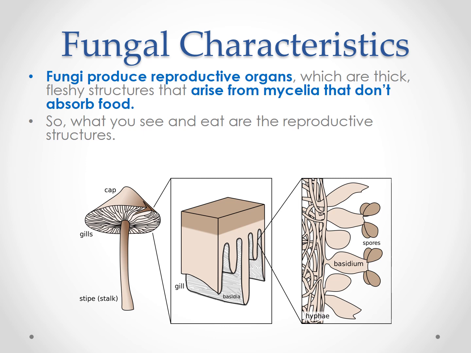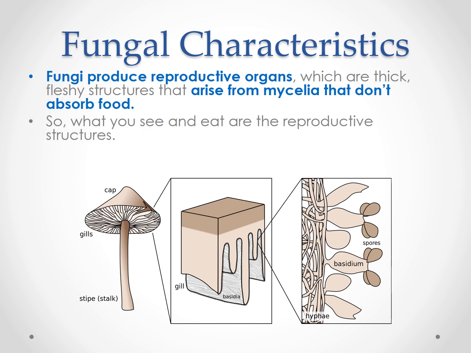And then finally, what we see here is that there are reproductive structures. So not only do we have these absorptive pieces, but we also see reproductive organs. So, for example, the cap of a mushroom. If you flip over the cap, you see all those little gills.